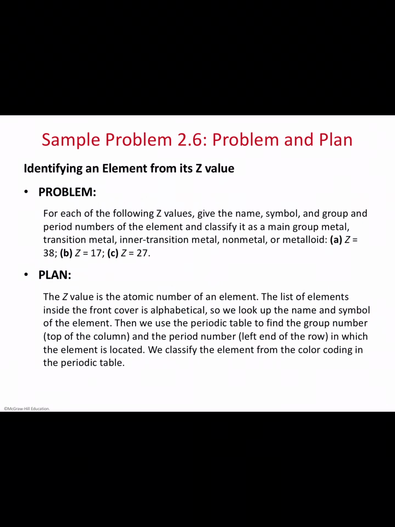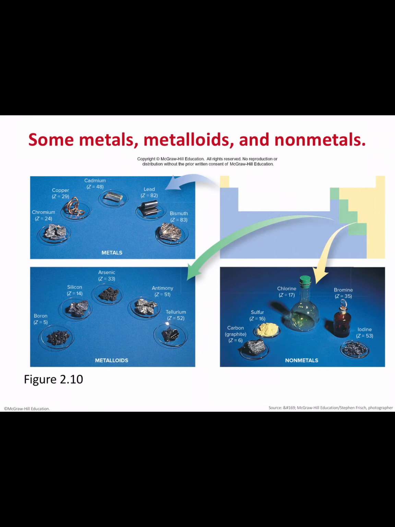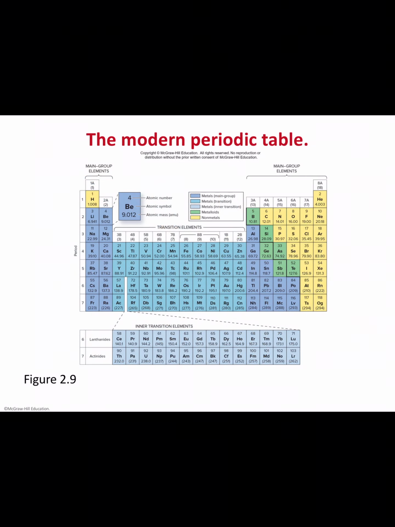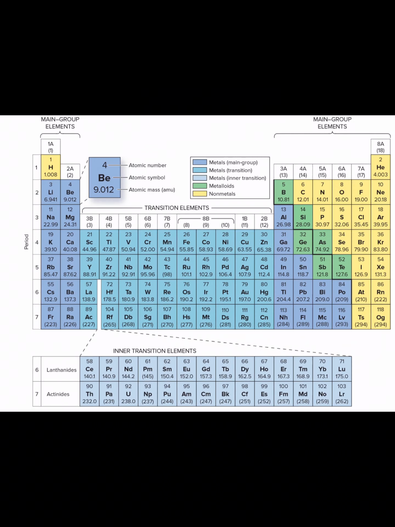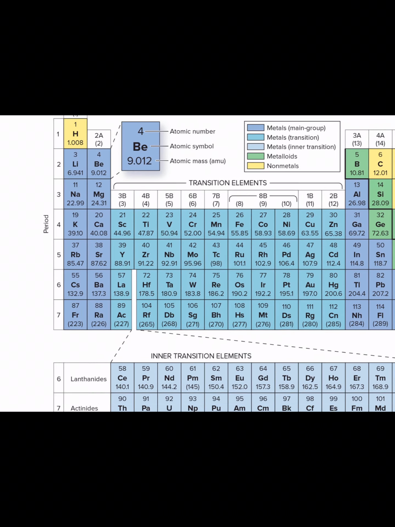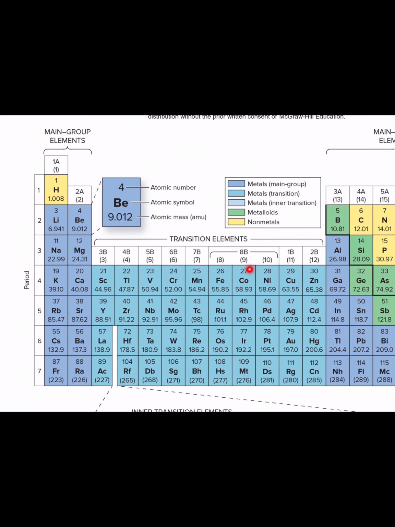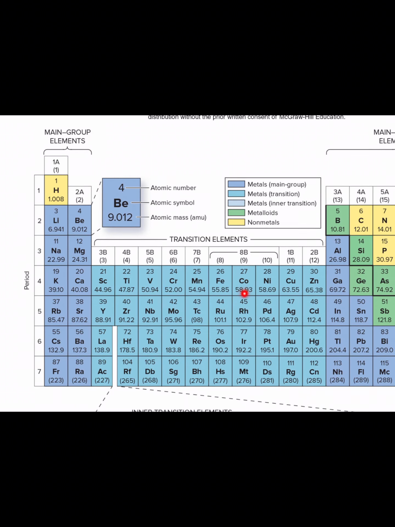And then you have atomic number 27. So again you can refer to the periodic table and figure out where 27 is. So here it is, 27. It's cobalt. Now what is it? Is it a metal, metalloid, non-metal, transition metal? So cobalt is a transition metal. It's a metal and it's a transition metal.